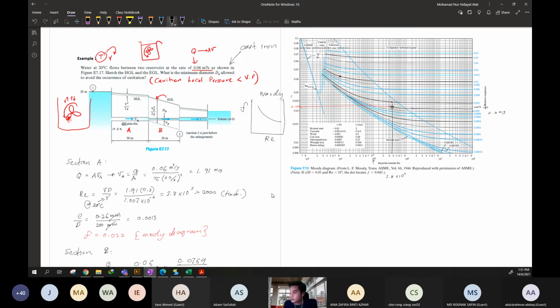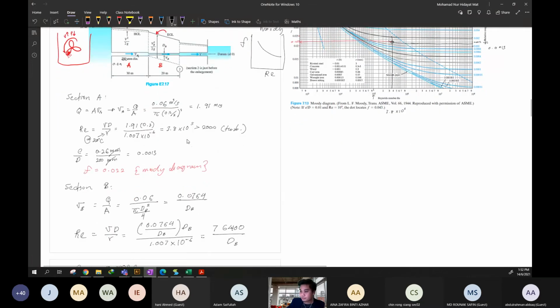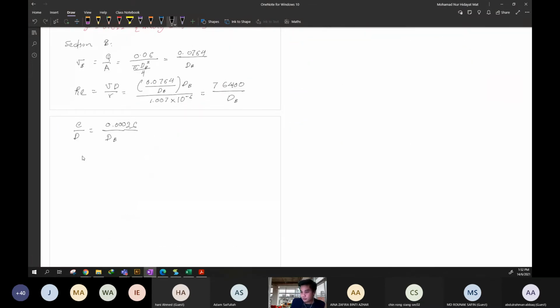Okay. So the minimum possible diameter is established by recognizing that the minimum pressure, P minimum, should be equal to the water vapor pressure at 20 degrees Celsius.